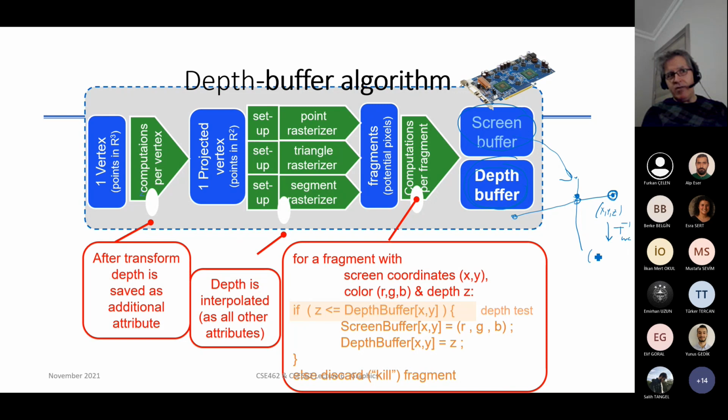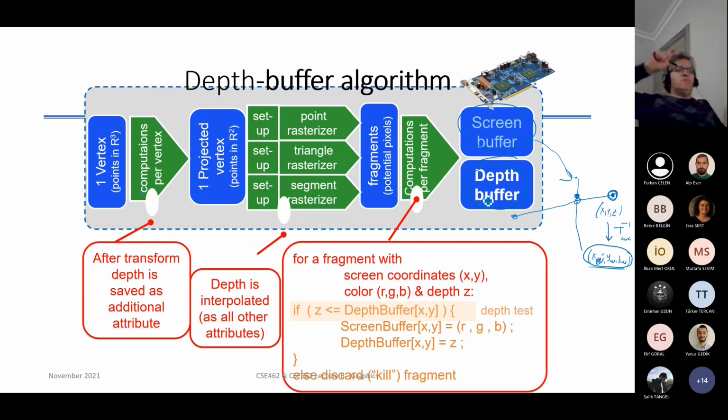And then now I have XW, YW, and ZW. So this is my 3D point in the world, and now I can see where this is hitting my object, which part of the object it is getting from. So this depth buffer can be used for multiple purposes as well.